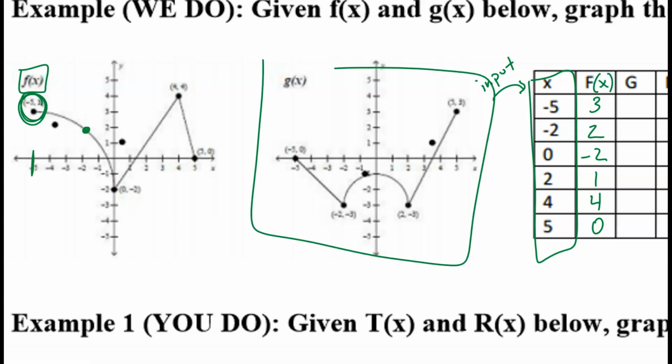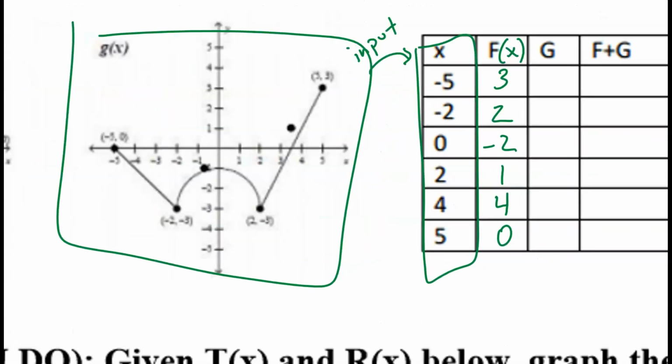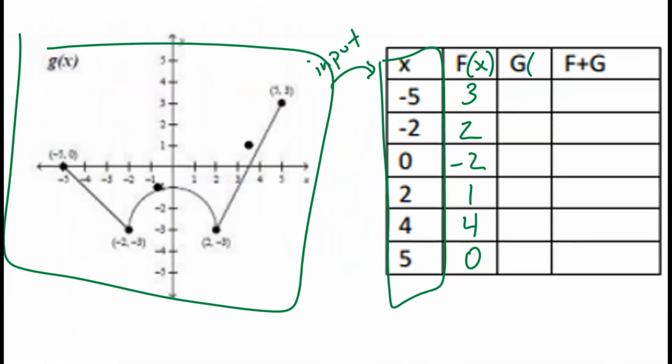Now we repeat, but for g of x. So we're using the exact same x values, but now we're looking at the second graph there. When x is -5, what is our g of x value? 0. When x is -2, what's our g of x? Yes, -3, good.